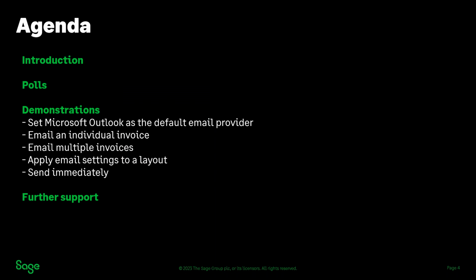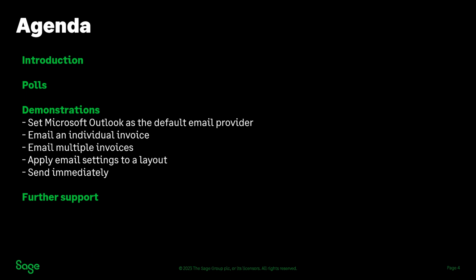Right, okay, let's have a look at what we're going to be covering. I'm going to give you a little bit of background to emailing your invoices from Sage 50. We'll then run a couple of polls, just to get a little bit of background on you, what people are using email-wise, and then we're going to run through a series of demonstrations.